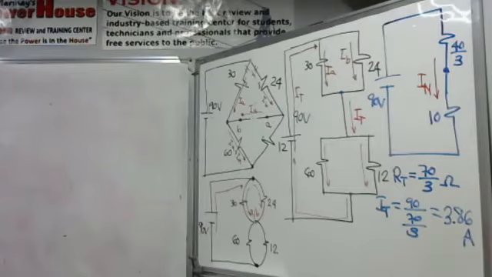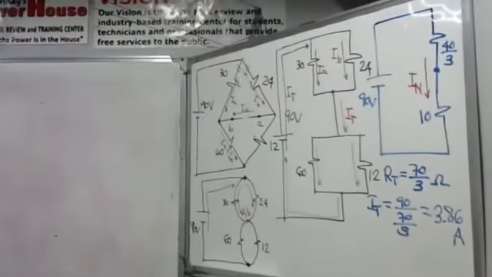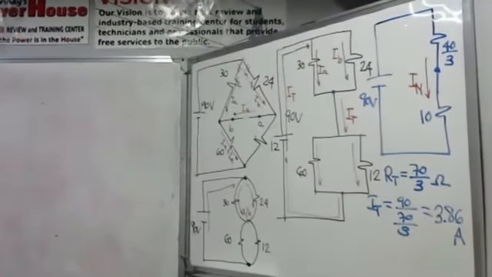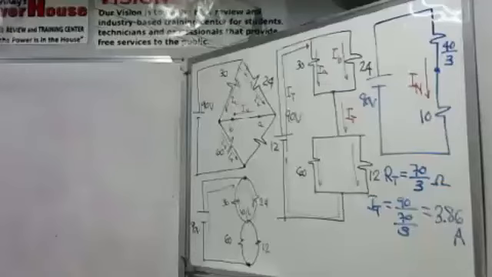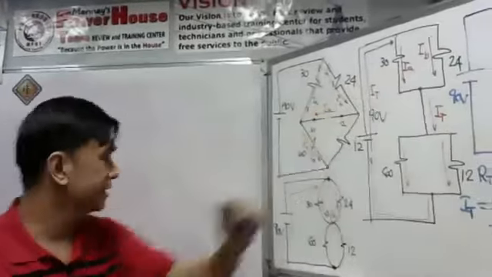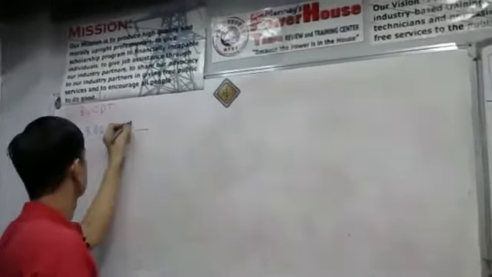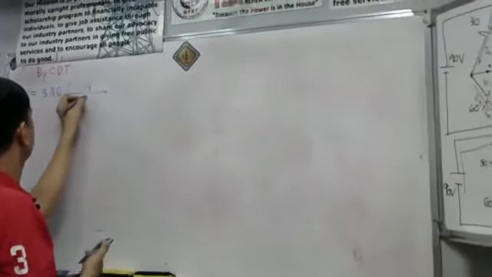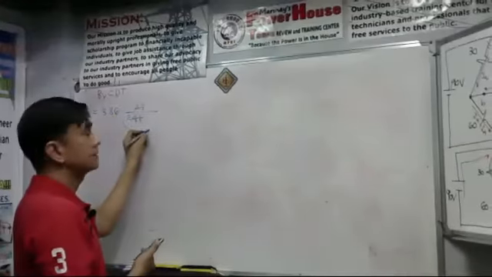Okay, let us solve our IA and IB. What is our IA, by the way? Our I total is 3.86, multiplied by the opposite resistance, which is 24, over 24 plus 30.